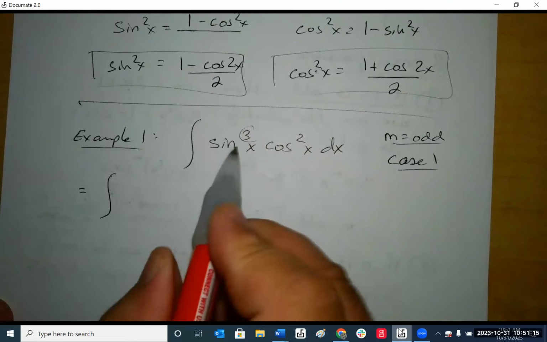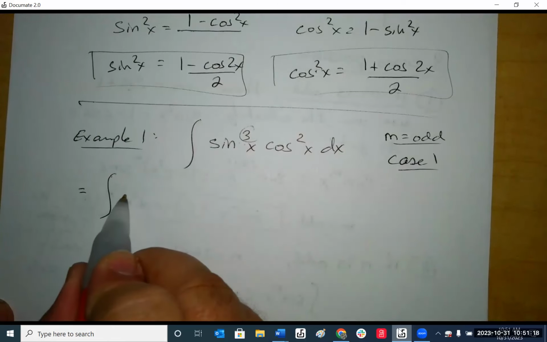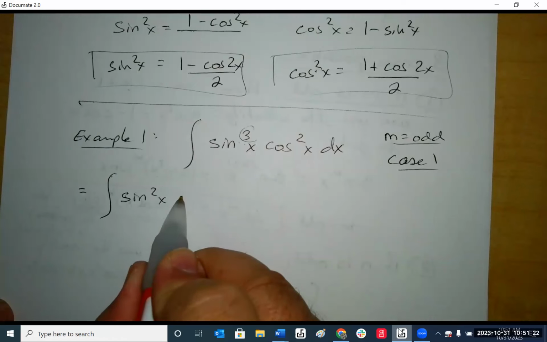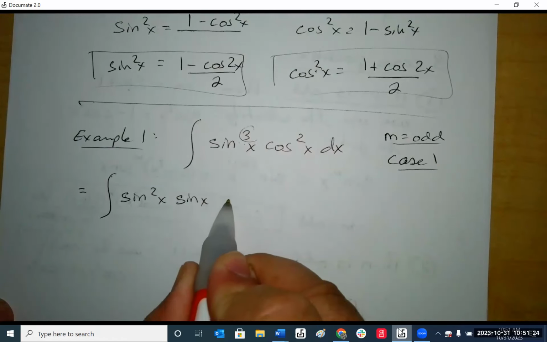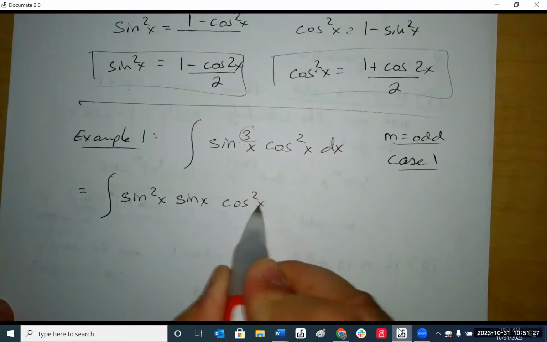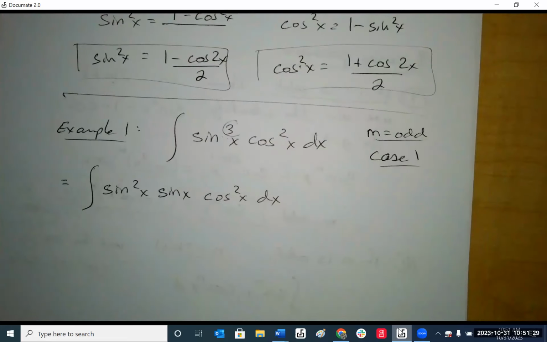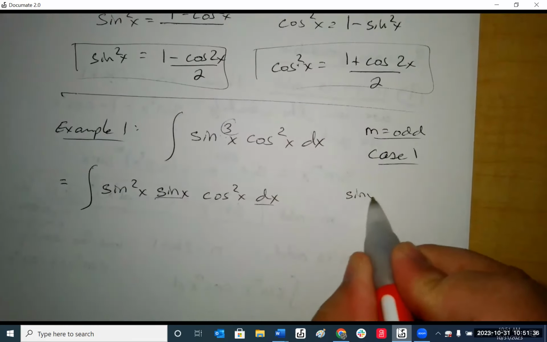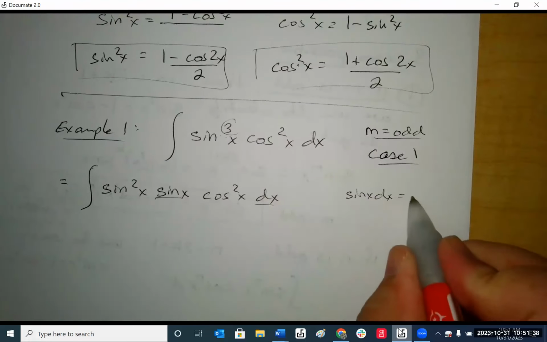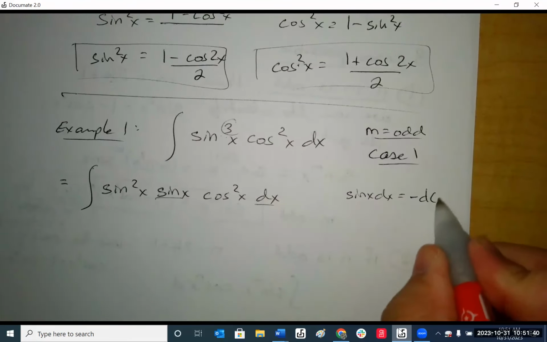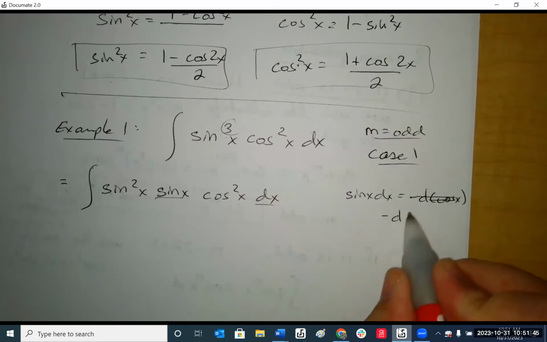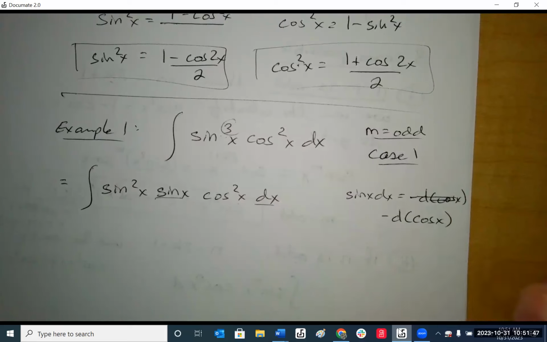So what we can do, we can take this and knock it down this way. And then we have sine x dx. Remember, sine x dx is equal to negative d cosine x. Negative d cosine x.